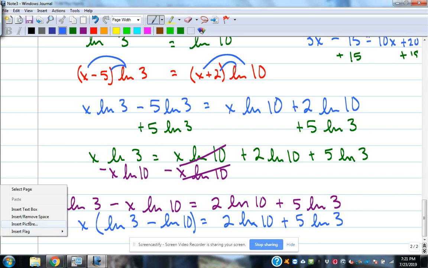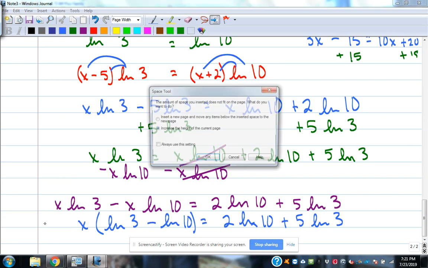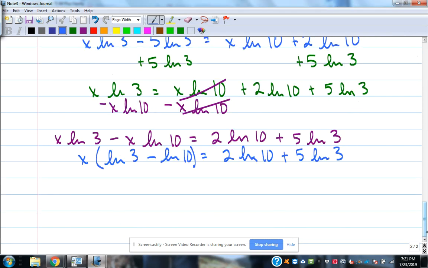We're almost done. Just one more step, and we're done. Because now we've got x times natural log of 3 minus natural log of 10 is a number. This is a number, right? So to get rid of the number, we divide by it.